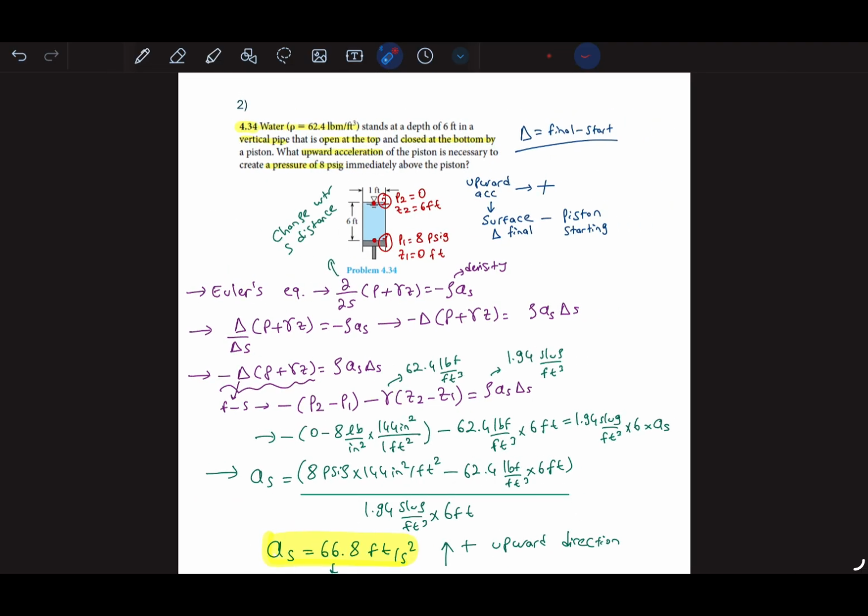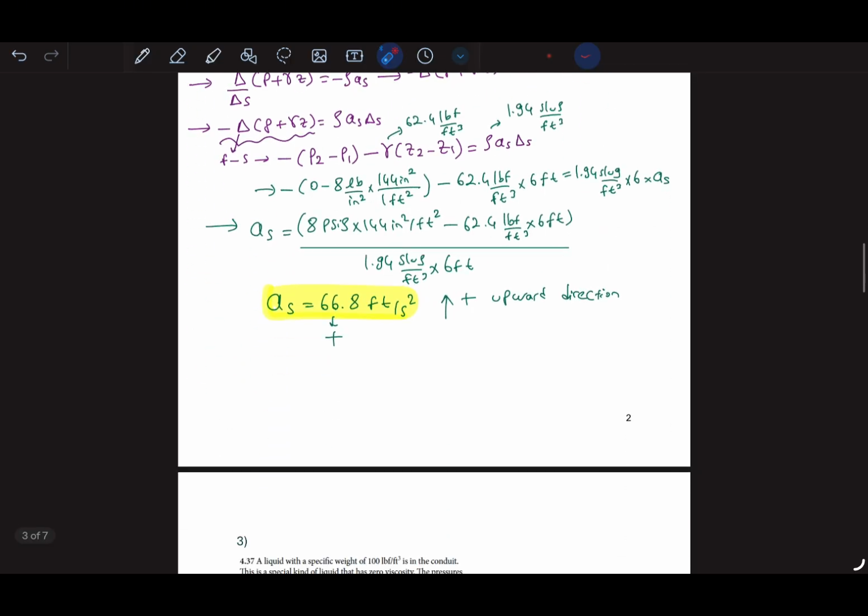So at the end we assigned positive for upward acceleration, so this means that surface minus piston, so final minus starting, will be positive. And after all these calculations, we calculated acceleration as positive, so this is upward acceleration.